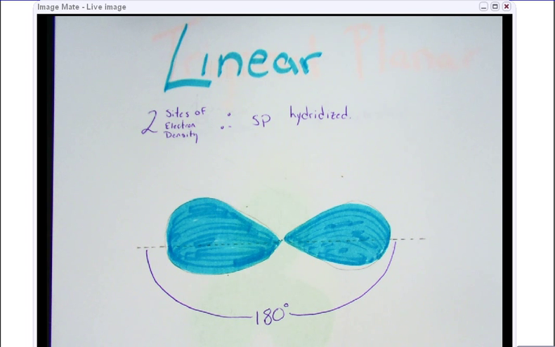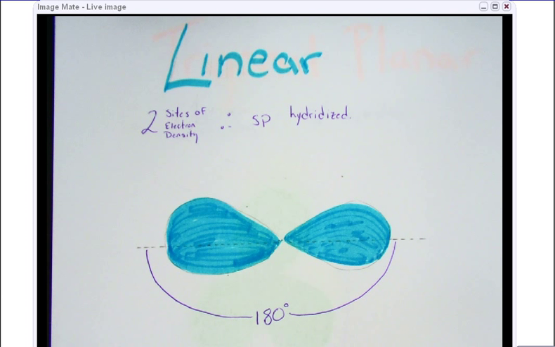The first electron geometry is linear electronic geometry. And to determine the hybridization, you simply count the sites of electron density. So simply the number of sigma bonds and lone pairs.